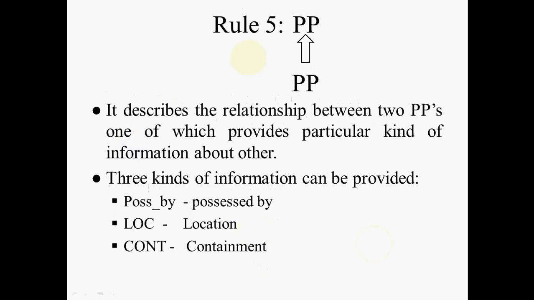Rule number 5, it is used when there are two PPs involved. Okay, it describes the relationship between two PPs, one of which provides a particular kind of information about the other. Okay, now you must be thinking that we have already seen a rule wherein there were two PPs involved.